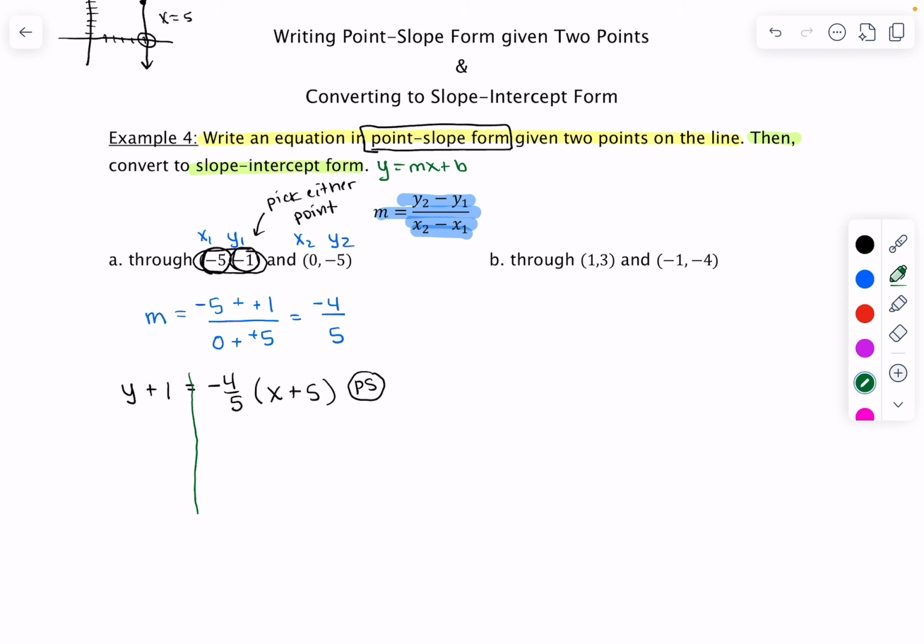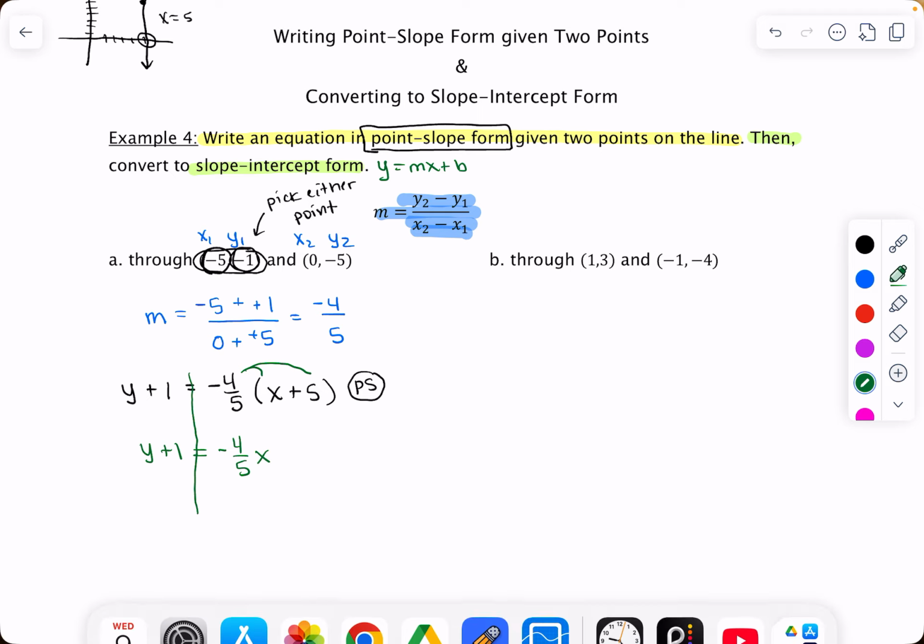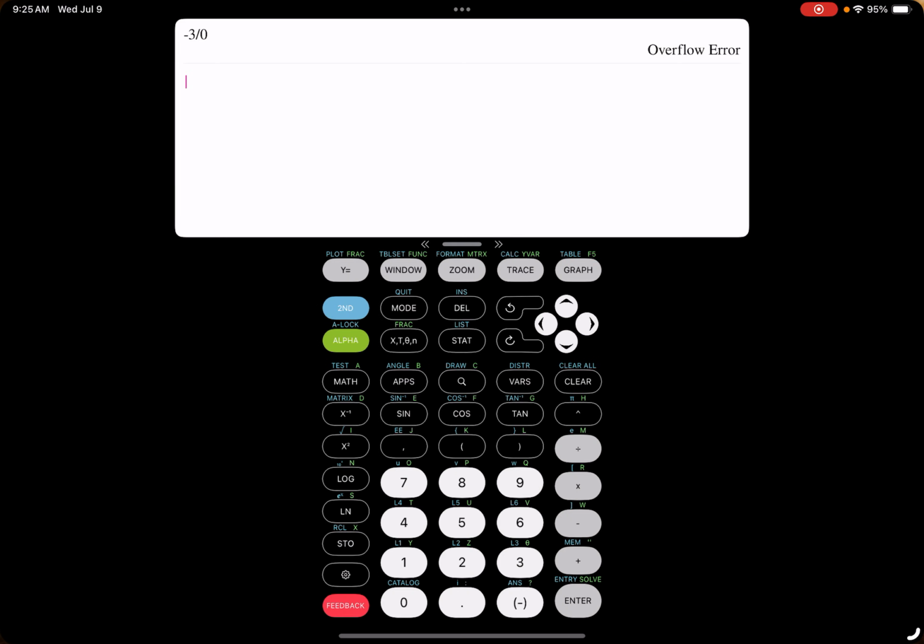I have to get y alone on the left side for it to fit y equals mx plus b. So the first thing I'm going to do is I'm going to distribute the slope to what's inside. Bring down that y plus 1. -4/5 times x is just -4/5 x pressed together. -4/5 times 5. If you're not sure about that math, go to your calculator.